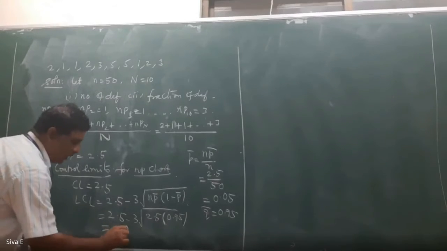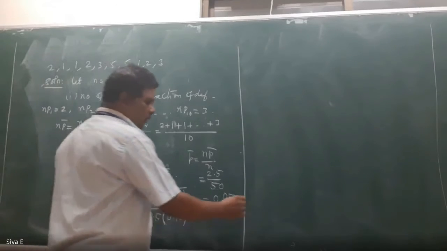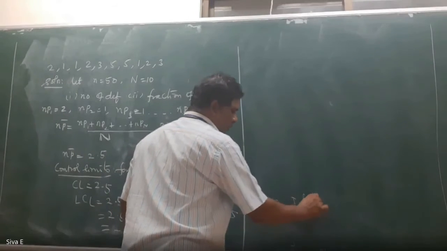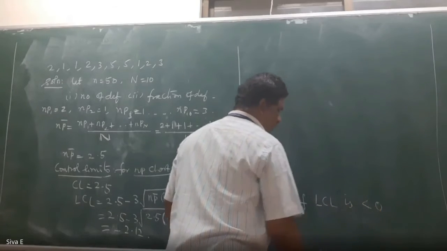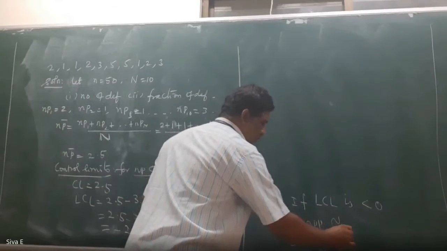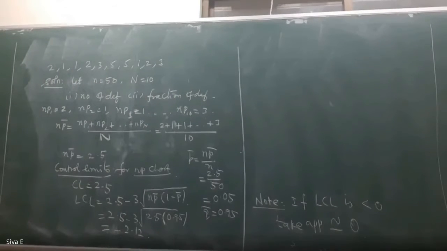Here you can write as one note: if LCL is less than 0, take it approximately equal to 0. In case LCL is negative, don't take the negative value, take approximately equal to 0.